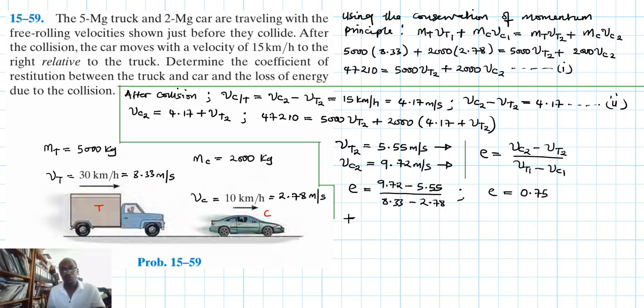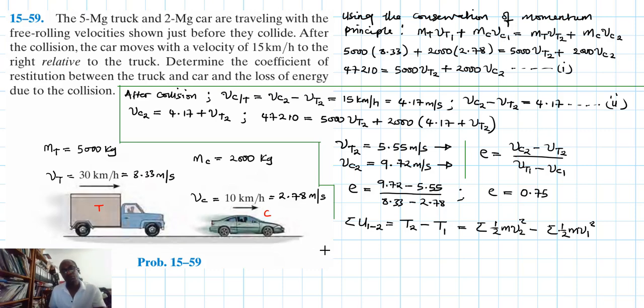The other part is to determine the loss of energy. We know that the loss of energy from position 1 to position 2 is equal to the difference in kinetic energy, which is the summation of half m v2 squared minus the summation of half m v1 squared.